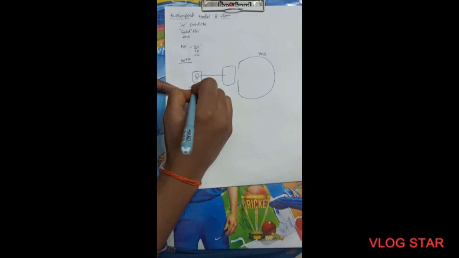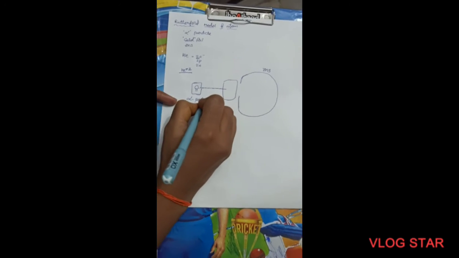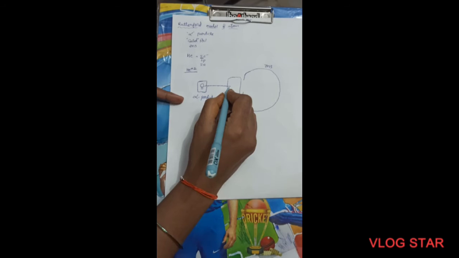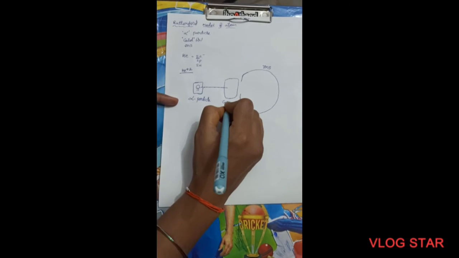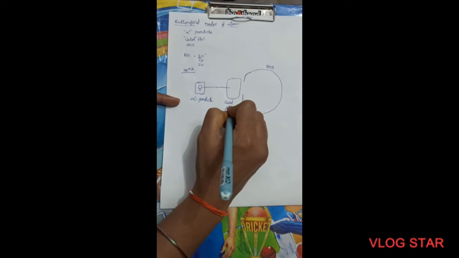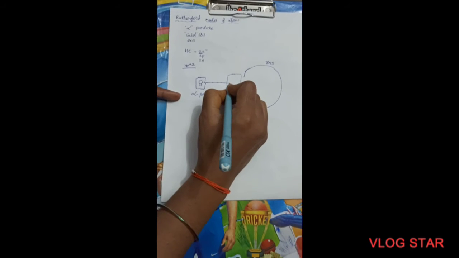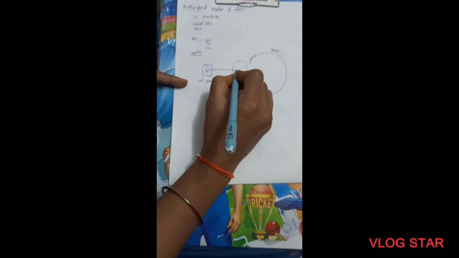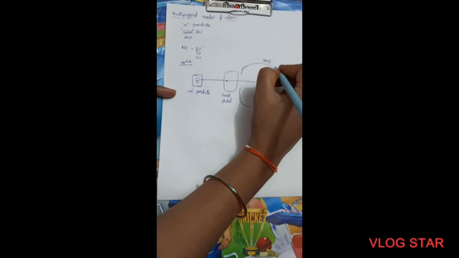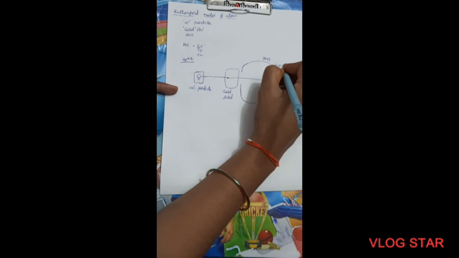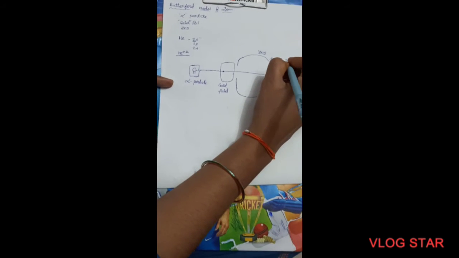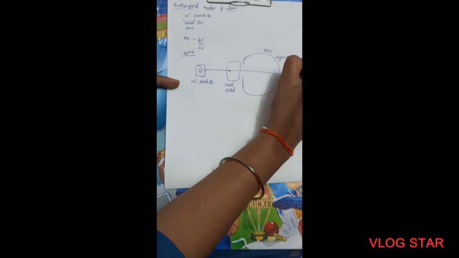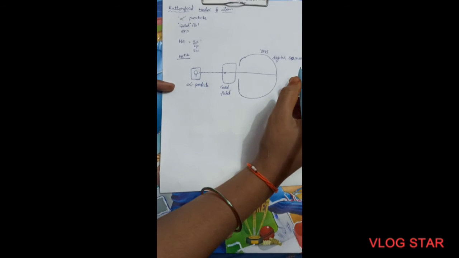When the alpha particles pass through this gold foil, they penetrate through the gold foil and enter into the digital screen.